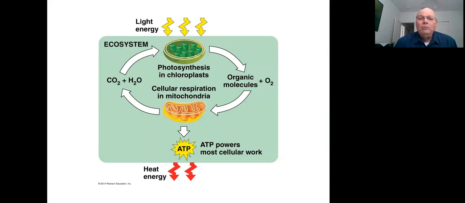But we also need to bear in mind that it is the second byproduct of photosynthesis that turns cell respiration into its most efficient form, and particularly its most energy efficient form, and that is aerobic respiration, cellular respiration in the presence of oxygen.